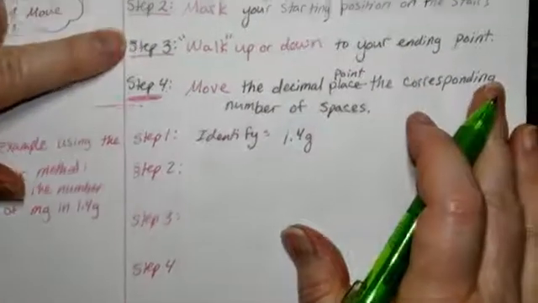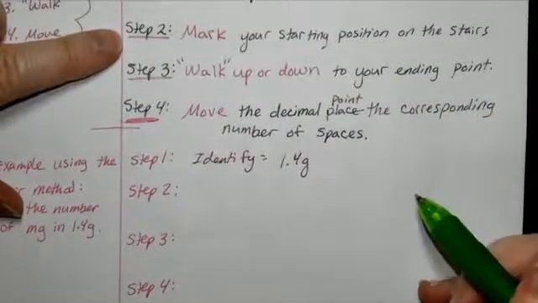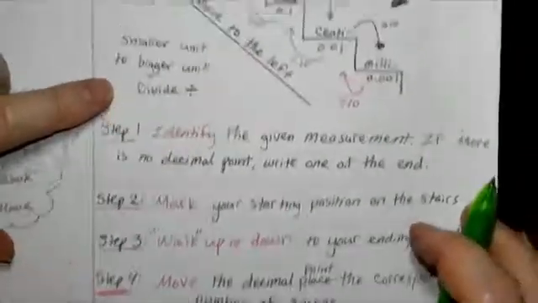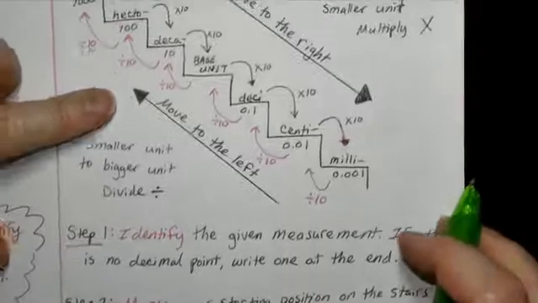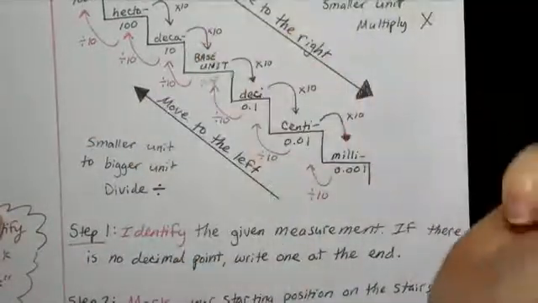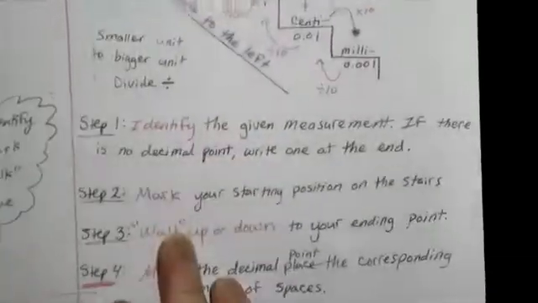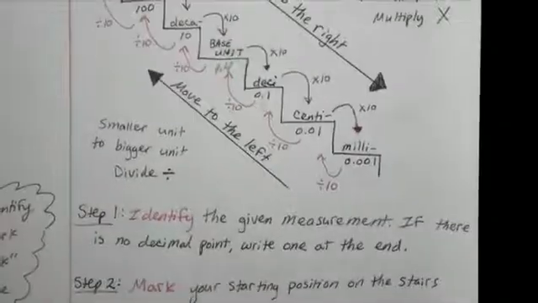So step 2 is to mark your starting position on the stairs. I'm just going to move up to the stairs that I already have here, and I'm going to write my 1.4 right there, because that's where I'm starting. The next step is to walk up or down to your ending point.